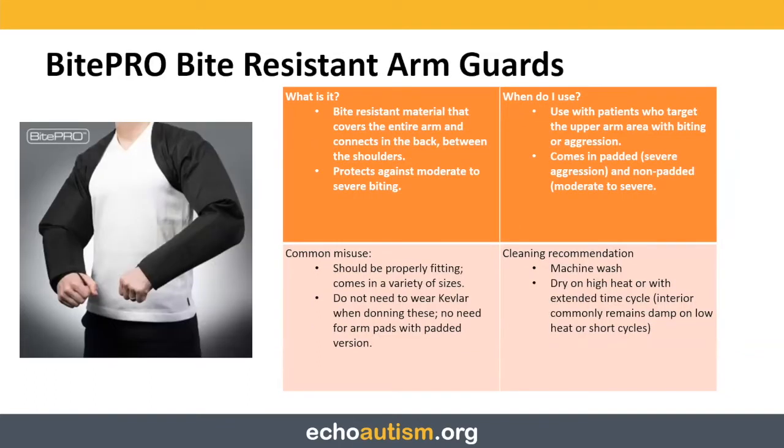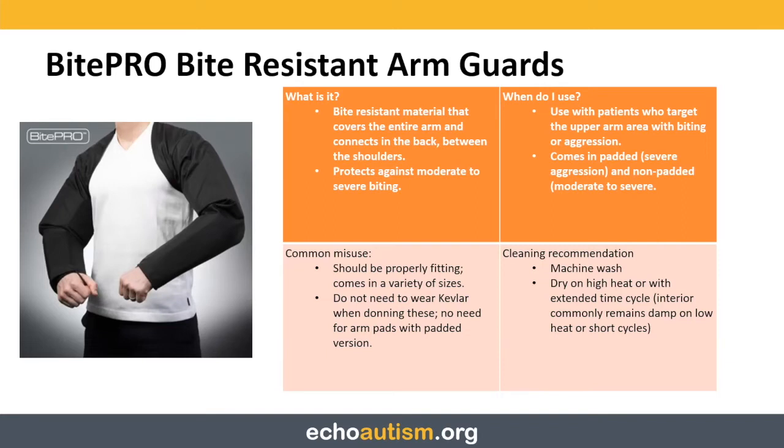And then these BitePRO, these are Kevlar, and you can get padded and unpadded, but they actually go up across the back of the arm, because if you've worn Kevlar at all, what you'll often know is that kids will pinch you above the Kevlar on the back of your arms. They're really good at getting that fat on the back of your arms that bruises really easily. So these take care of that with the ability to cover the whole back of the arm.